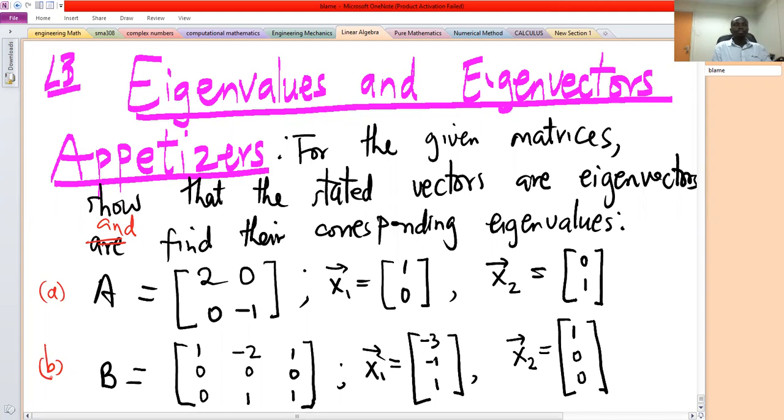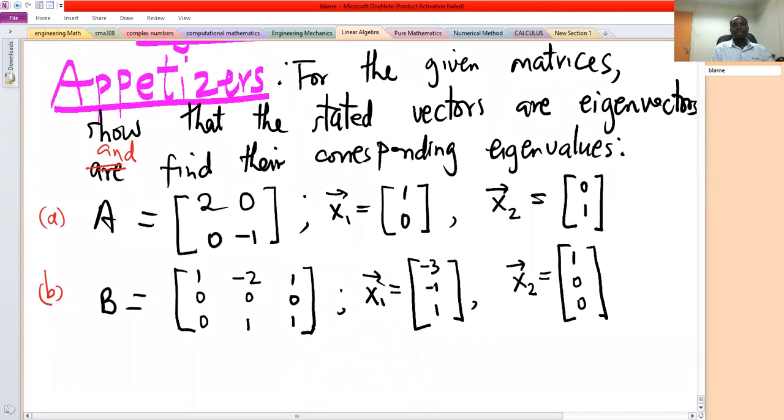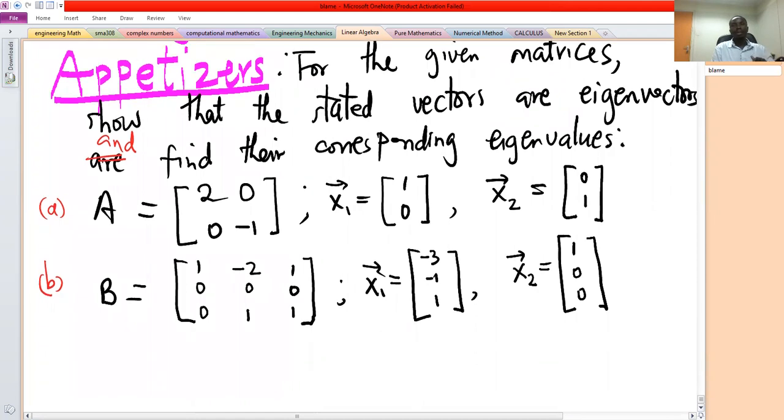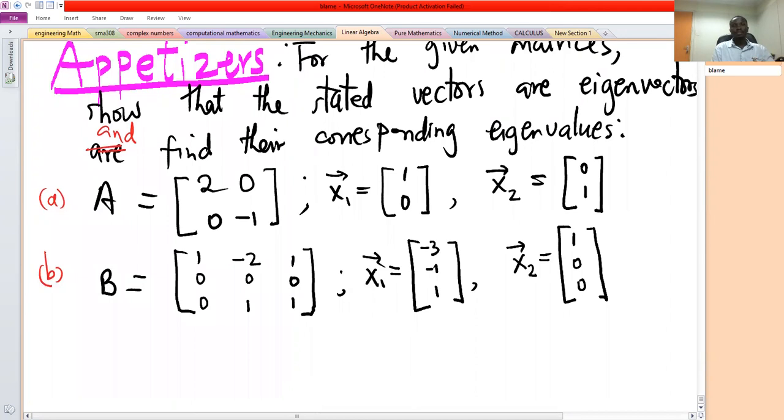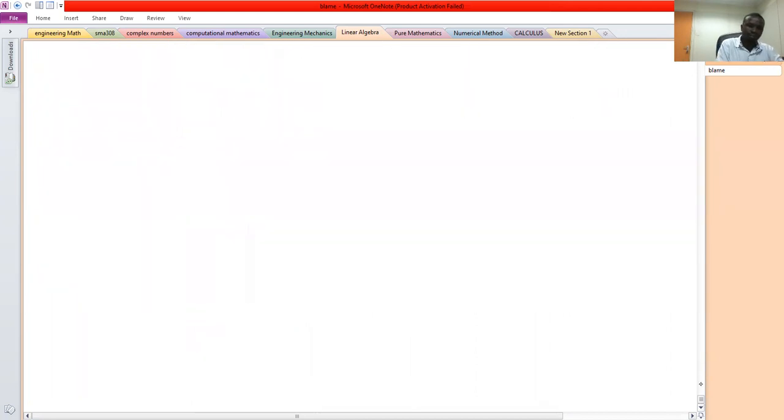Now, to show that a given vector is an eigenvector of a matrix, you have to show that the eigenvalue equation we gave in the introduction is satisfied. So, solution.